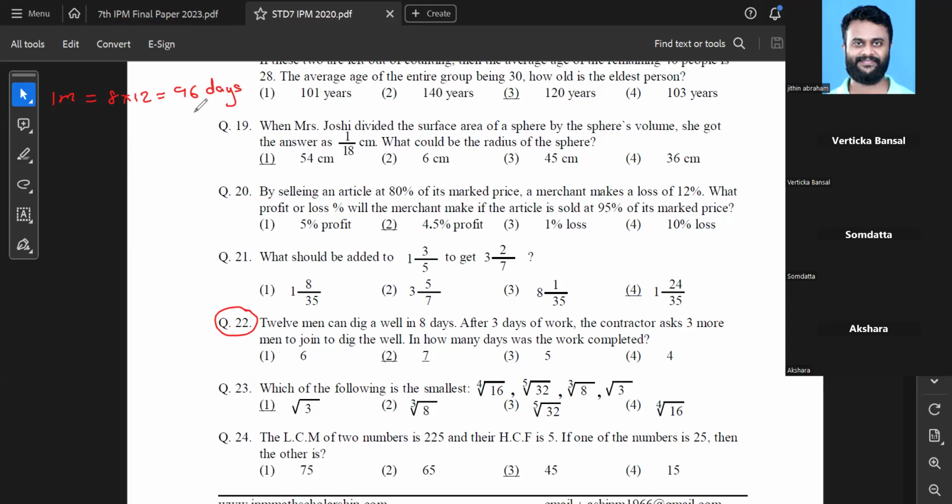One man will take this many days to complete the work. So, in one day, how much work can one man complete? It becomes 1 upon 96 part of the work. So this is the fraction of work which one man is going to complete in one day.